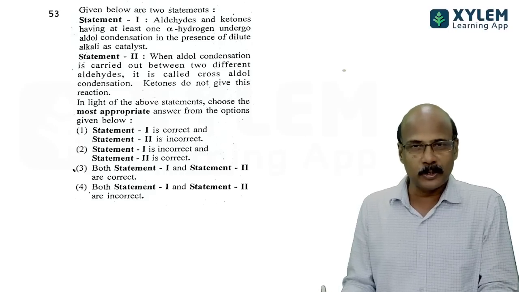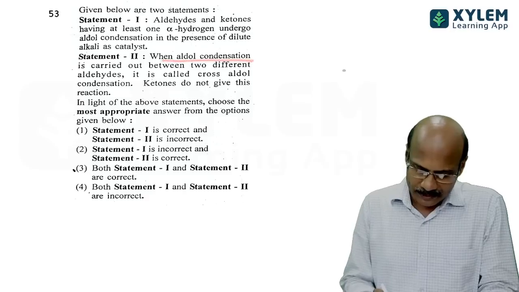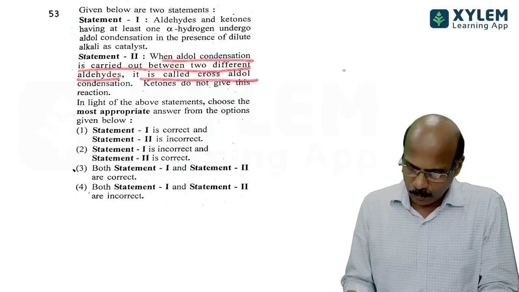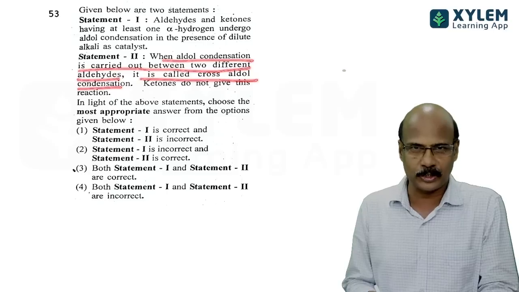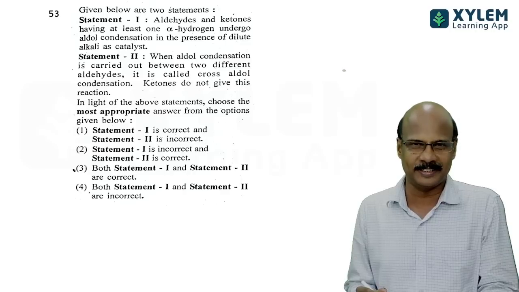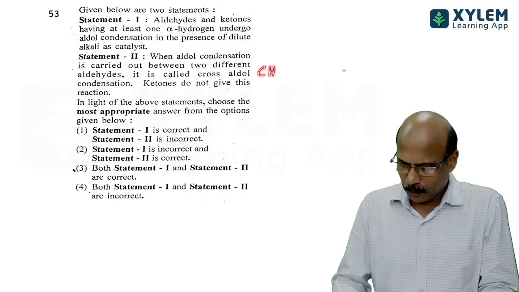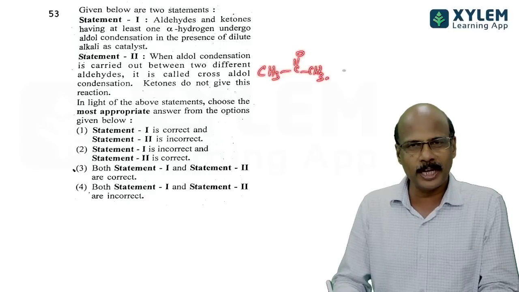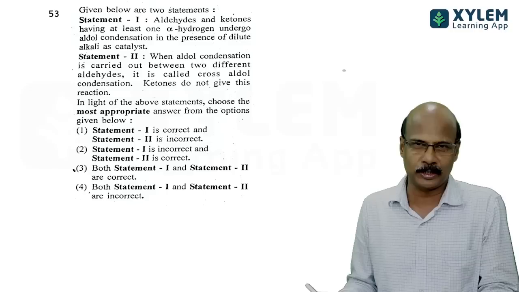And what about statement 2? When aldol condensation is carried out between two different aldehydes, it is called cross aldol condensation, no doubt. But the statement that ketones do not give this reaction is not correct. If you take propanal and butan-2-one, you can expect a cross aldol product also.